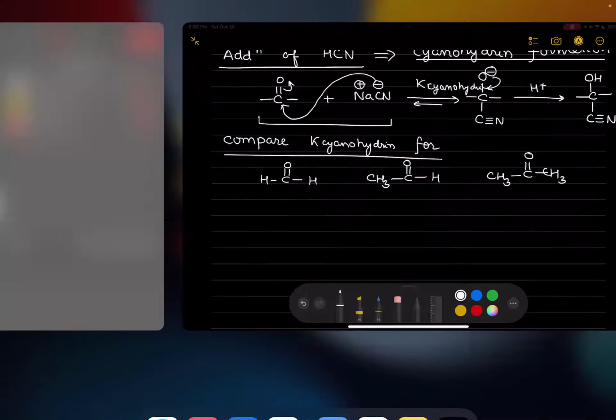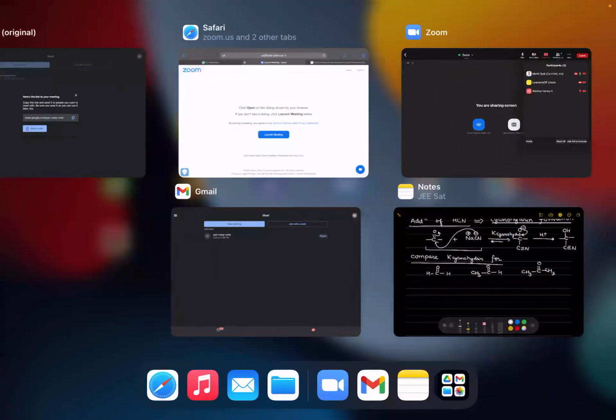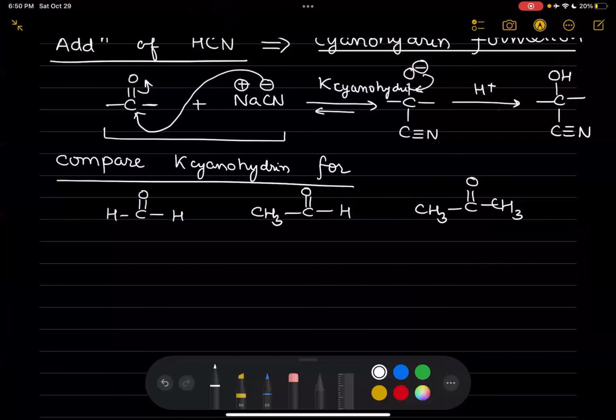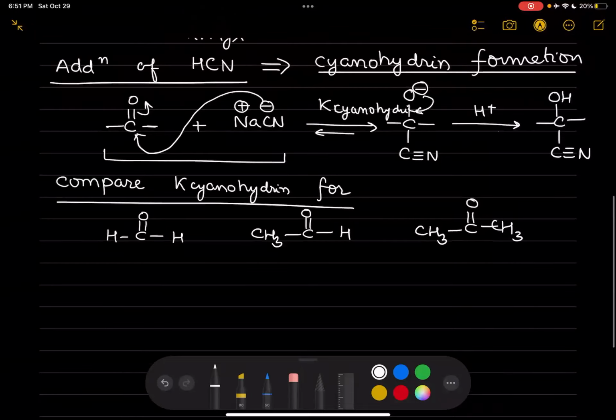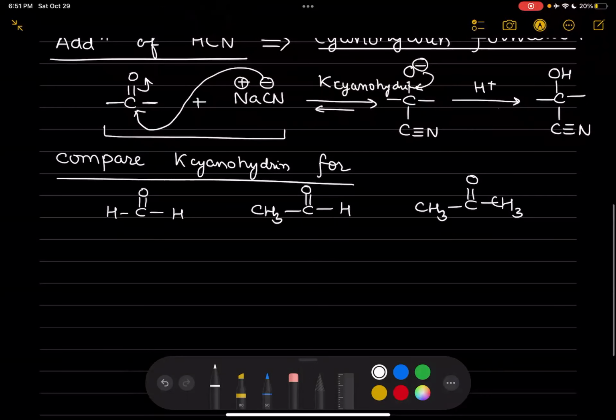Where the cyanohydrin is going to form more easily, you need to compare the rate of nucleophilic addition. So where the nucleophilic addition is going to be more, you tell me first and then I will.